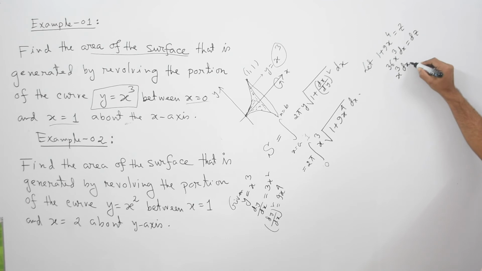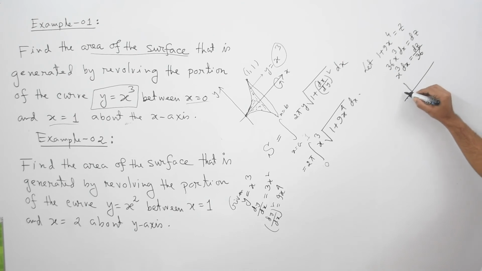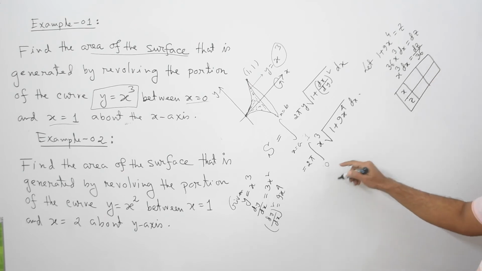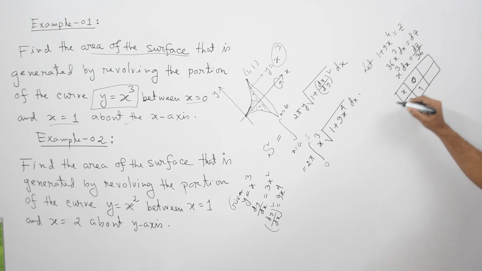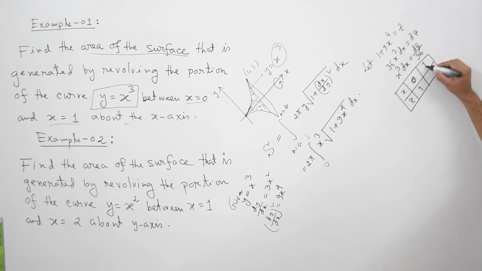Therefore x cubed dx equals dz by 36, and the corresponding value of z will be, when x equals 0, z equals 1, and when x equals 1, z equals 10.